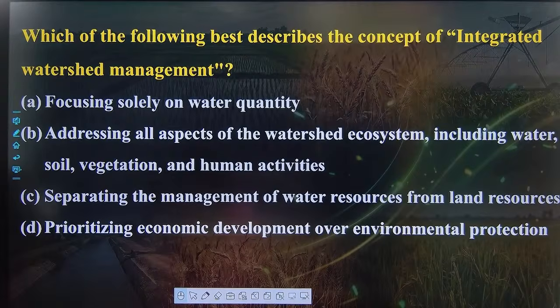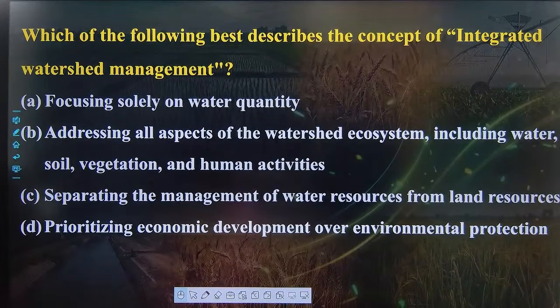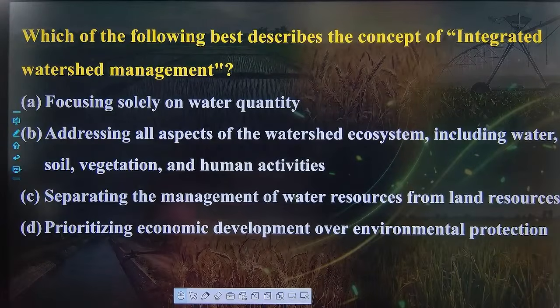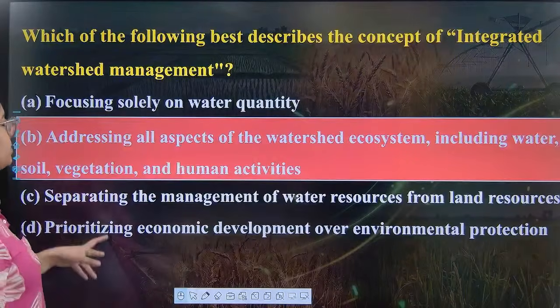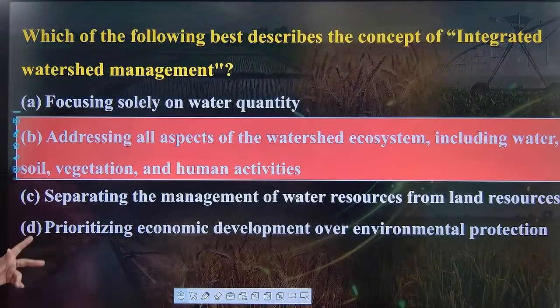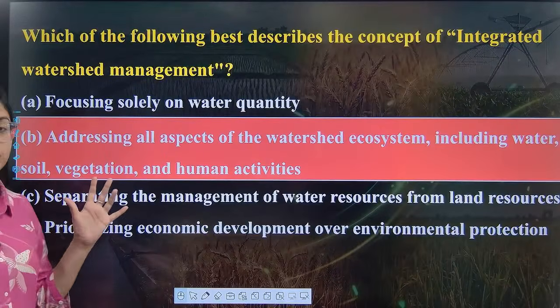And let me share the link of the PDF as well, so you all can download it from here. Yes, shared. Okay, now tell me what will be the answer for this question? Okay, good. Option number B, addressing all aspects of the watershed ecosystem, including the water, soil, vegetation, and human activities.